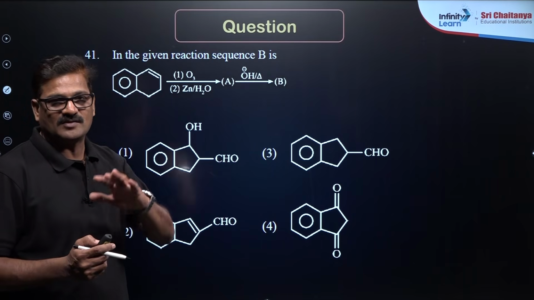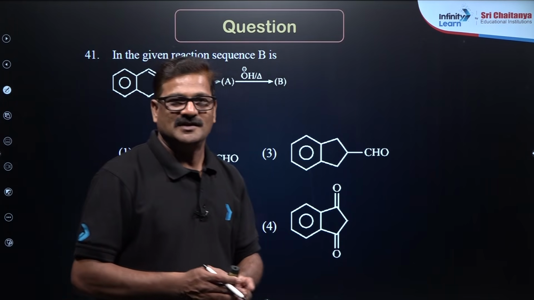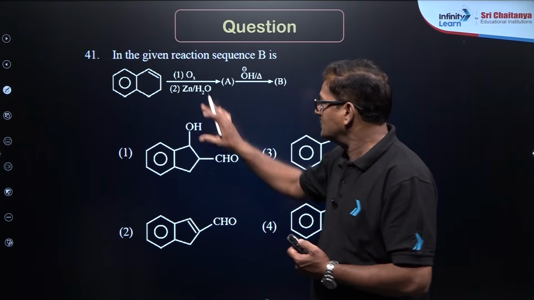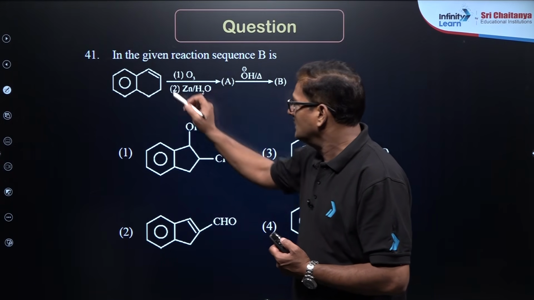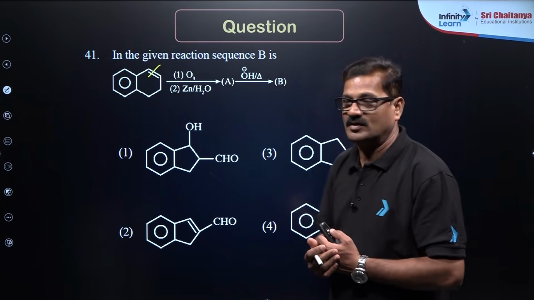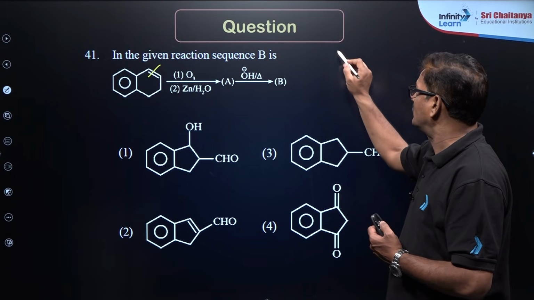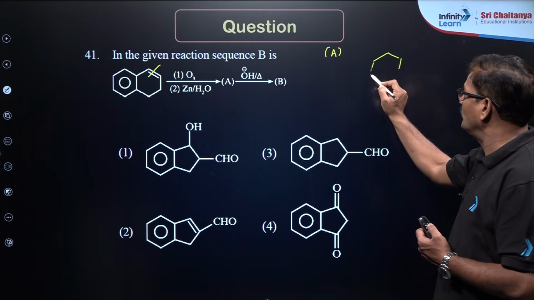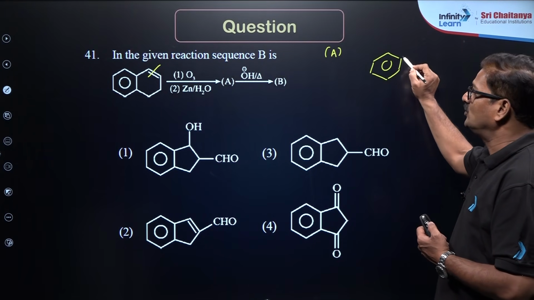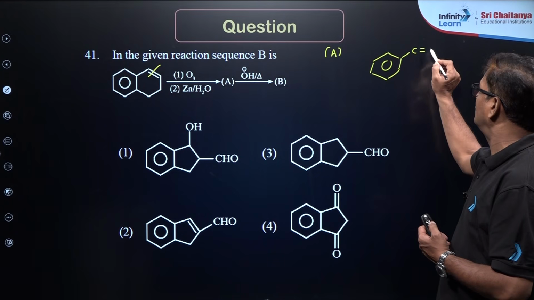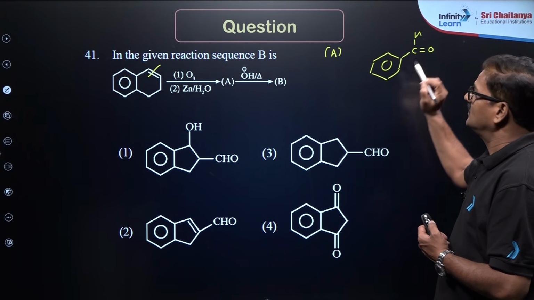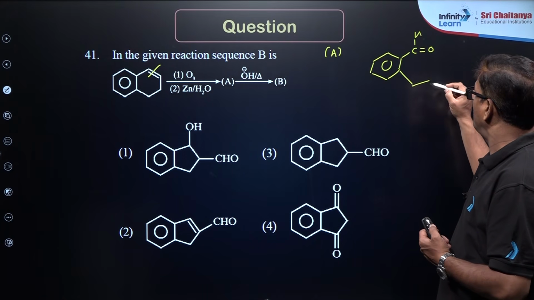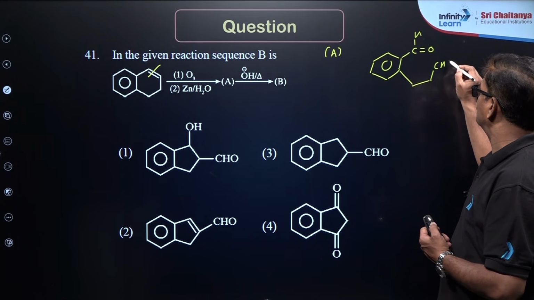Students, it is a multi-concept question in the NEET examination. Let us see here. When this particular compound is subjected to ozonolysis, you are going to break this bond and get structure A. Whenever you break a bond, you get a C double bond O and H, and a CHO.